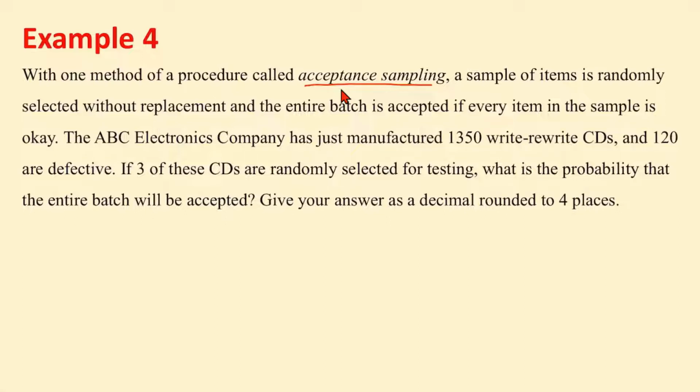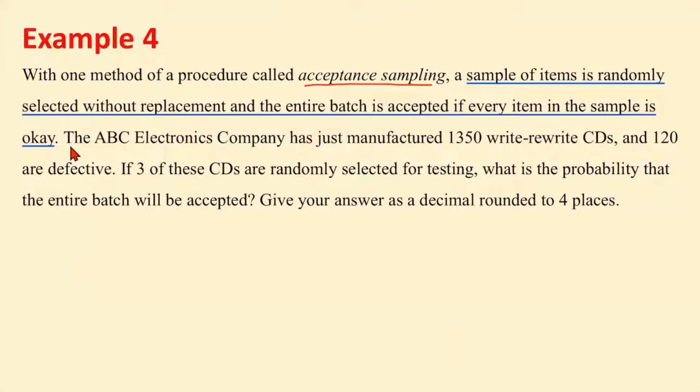A sample of items is randomly selected without replacement and the entire batch is accepted if every item in the sample is okay. So the meaning of that is, in acceptance sampling, a sample of items is randomly chosen, and if everything in that sample is okay, everything will be accepted. That was just the idea about acceptance sampling.